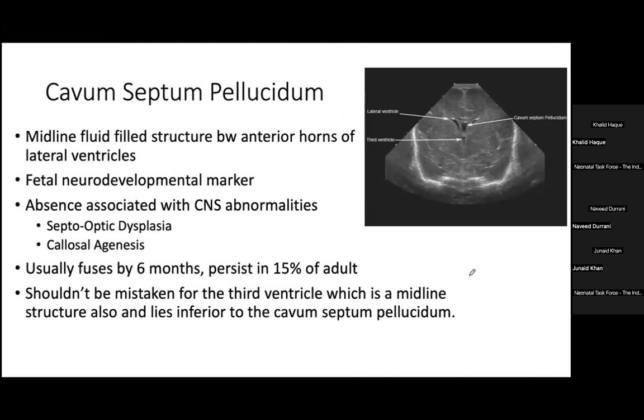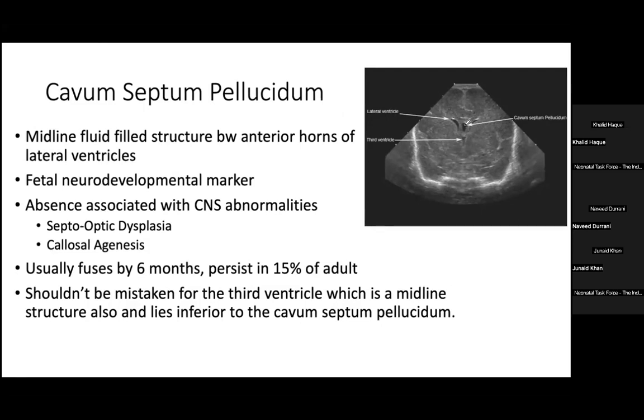Cavum septum pellucidum is another structure to identify on the ultrasound. It's a midline fluid-filled structure between the two horns of the lateral ventricle, and this is the cavum septum pellucidum. And it is a fetal neurodevelopmental marker as well, and sometimes it is absent in the fetus.